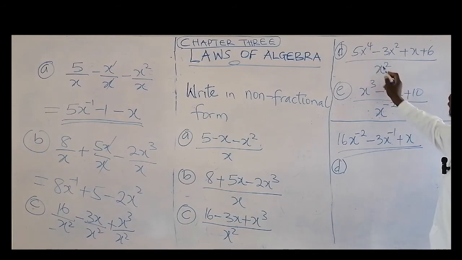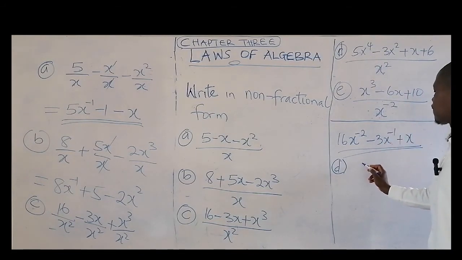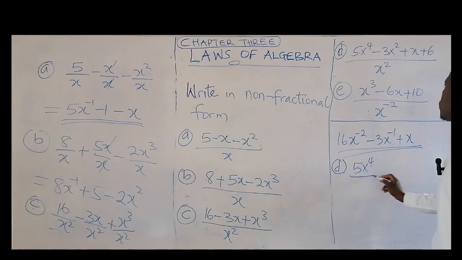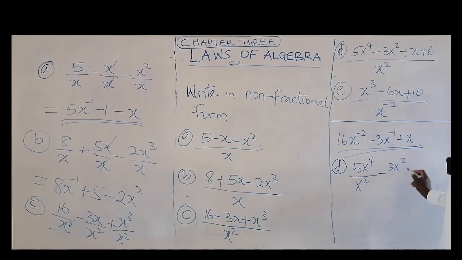Then the d part will be this one over this one, which you can do straight away. That will be this one, 6x^4 over x squared, then minus 3x squared over x squared, plus x over x squared, plus 6 over this one.